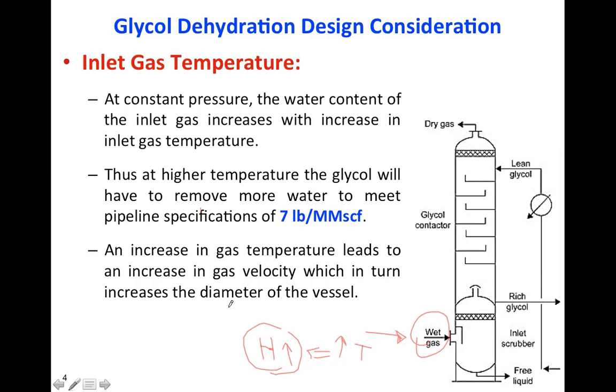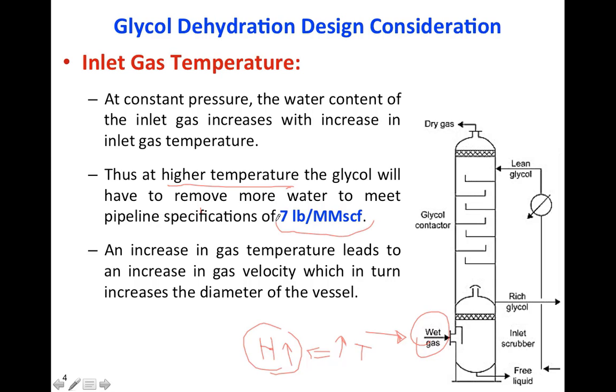So if we have higher temperature in this inlet gas, my glycol in this column has to remove more water because it has more water content, and so it means more job for us. We need a bigger column, we need more stages, or we need more circulation of glycol to reach the specification which is needed, the pipeline specification.